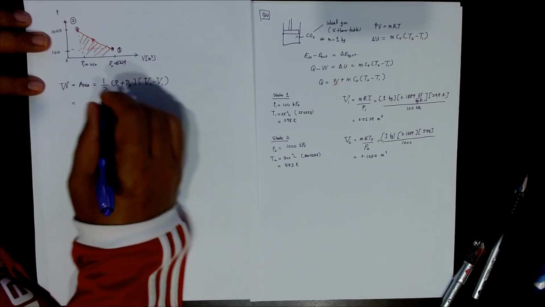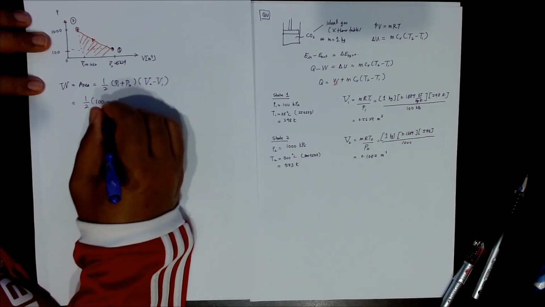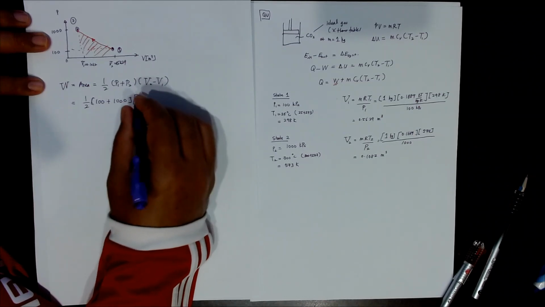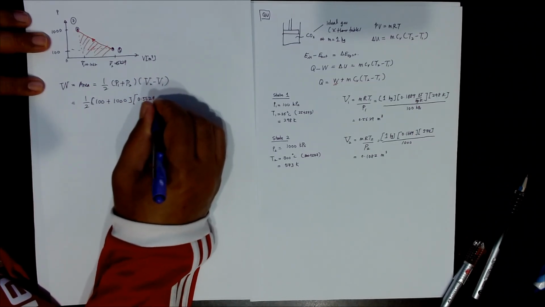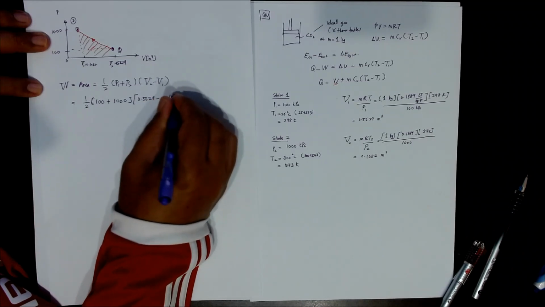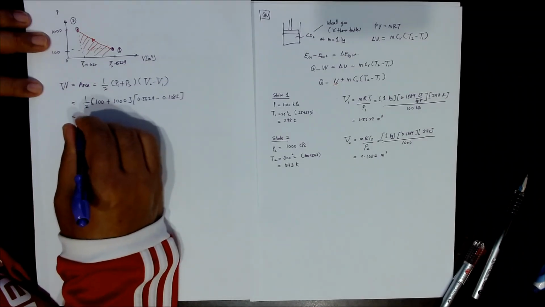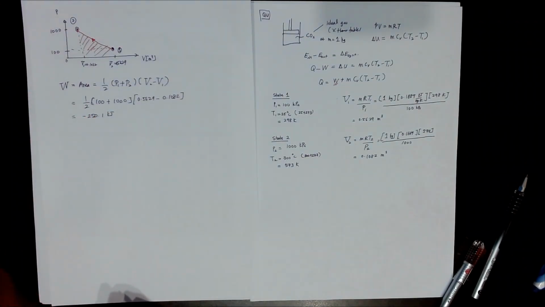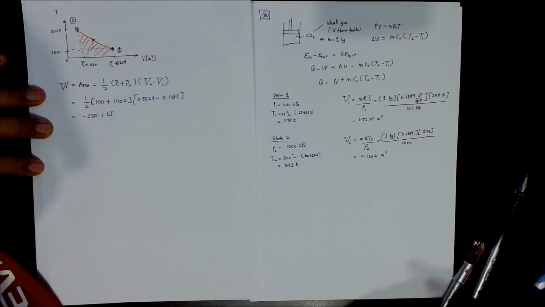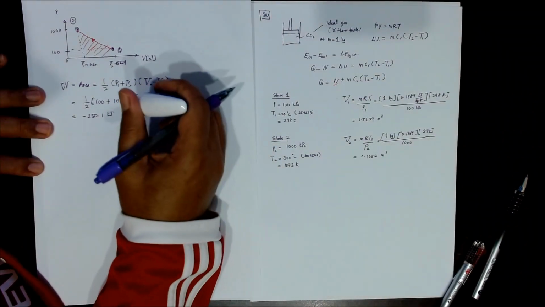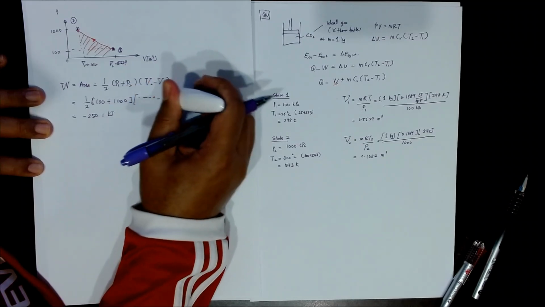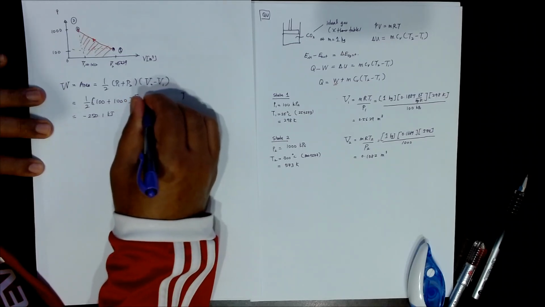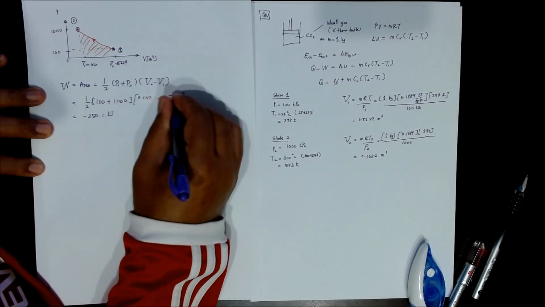That is one half times (100 kilopascal plus 1000, always in kilopascal) times (V2 minus V1), which is 0.1082 minus 0.5629.